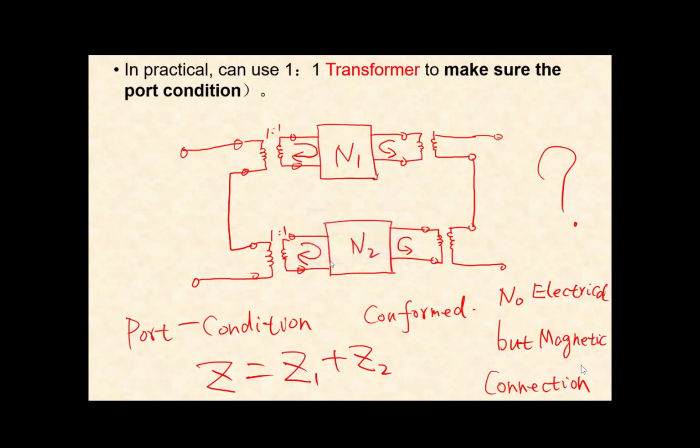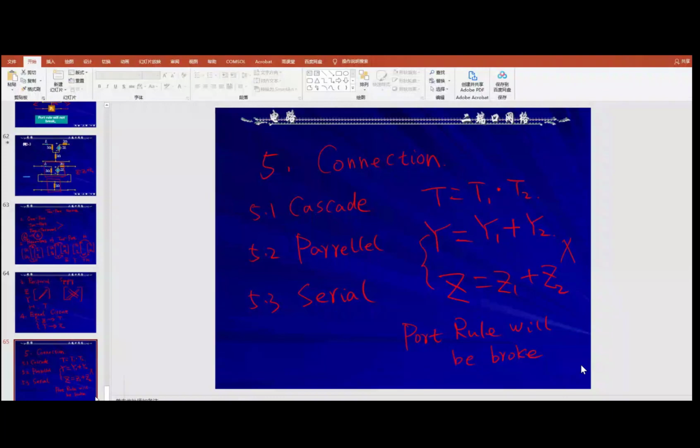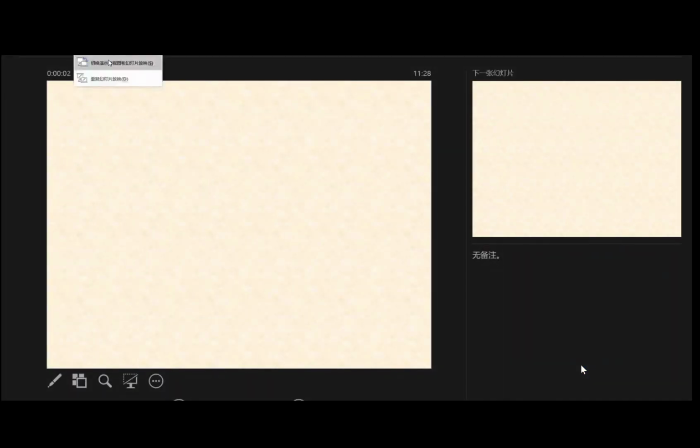We need to introduce another connection. Cascade connection of multi-port.